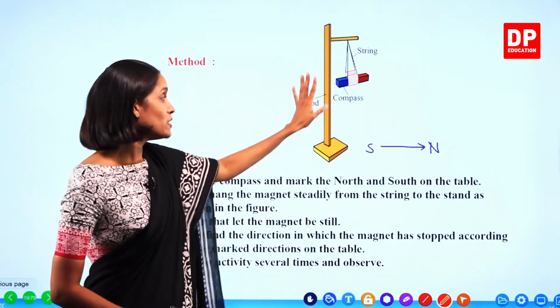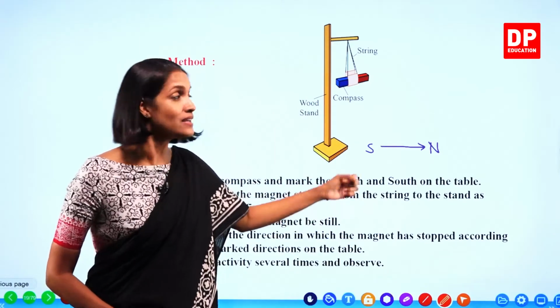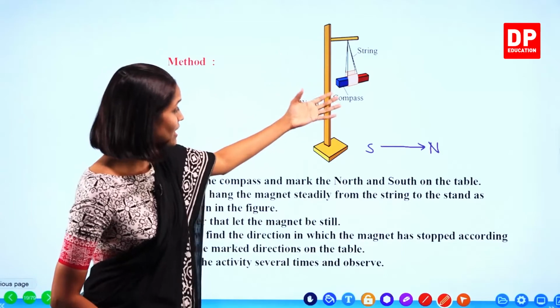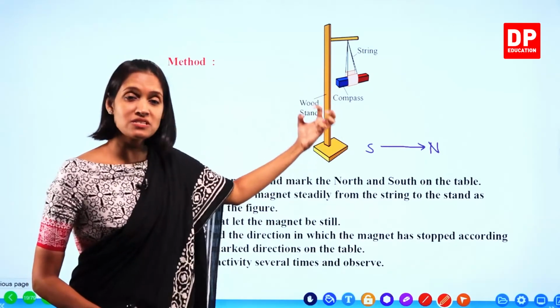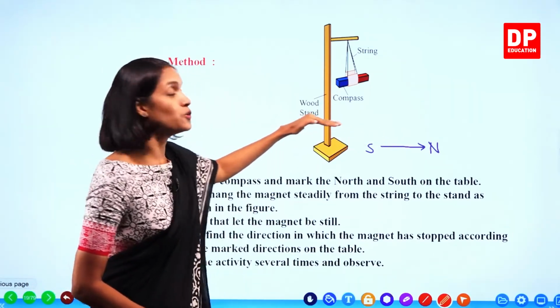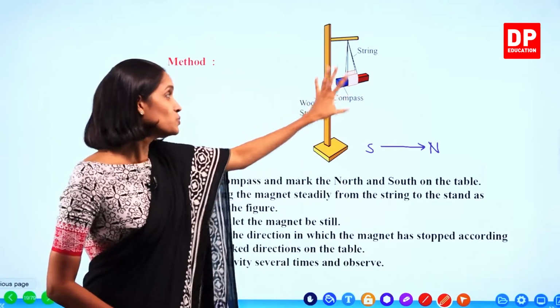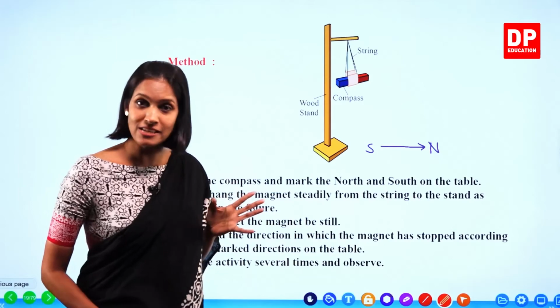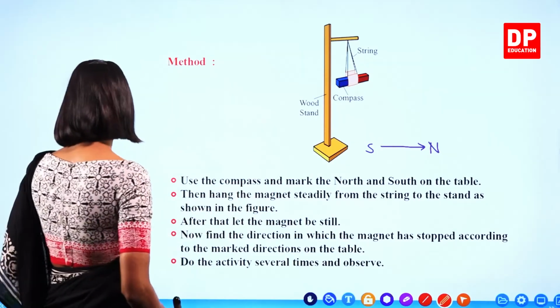Okay, so after doing this activity, it's very clear that when a magnet is hung freely, it always becomes still along the north-south directions as the two poles face towards the north and south directions. Okay, children, let's write these things now.